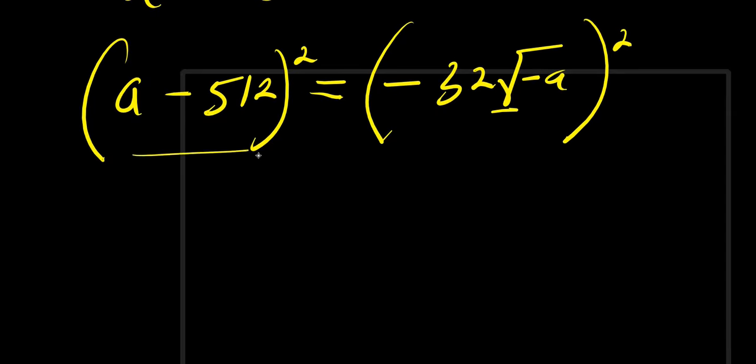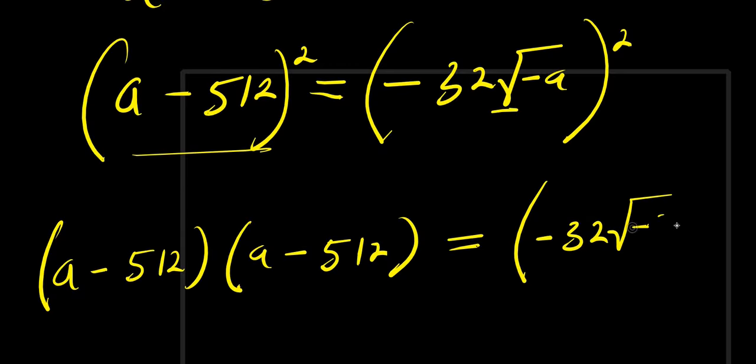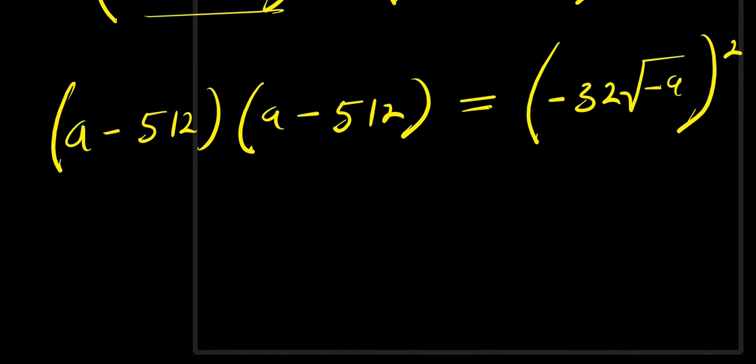So to expand this, it simply means a minus 512 times a minus 512 equals this. We still have negative 32 times root negative a to the power 2. So a times a, that is a squared. A times this, we have negative 512a.